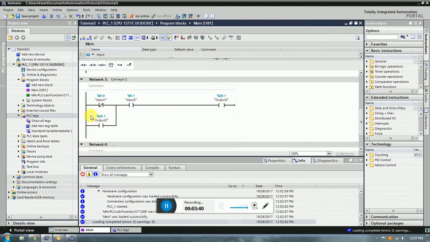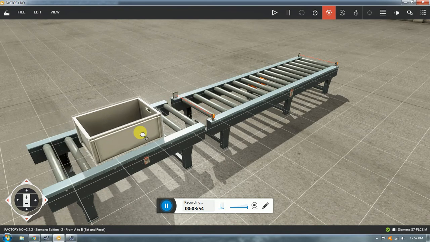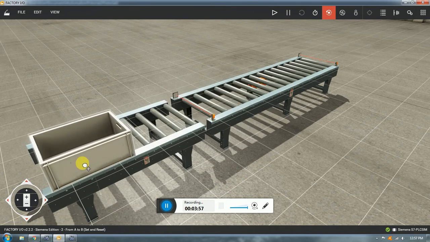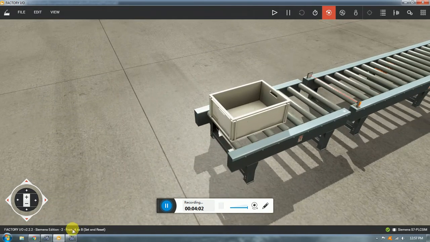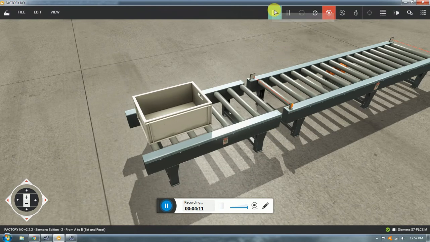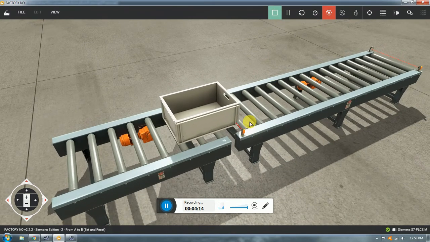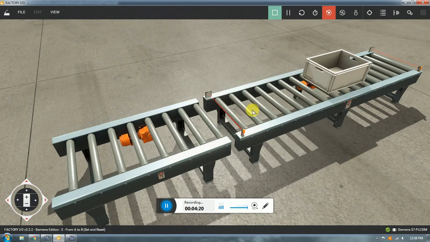So even when the box finishes being between the sensor and the reflector, when the box is here, I want output 2 to still be running. If not, as soon as the box finishes crossing the beam, it would stop the conveyor, and I don't want that. I want the box to continue.